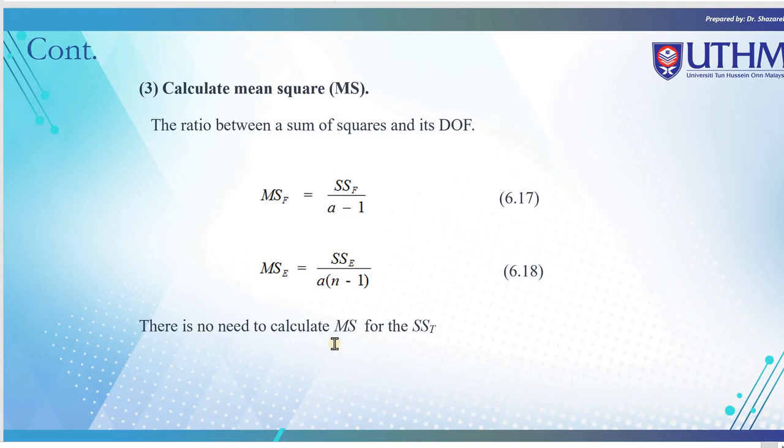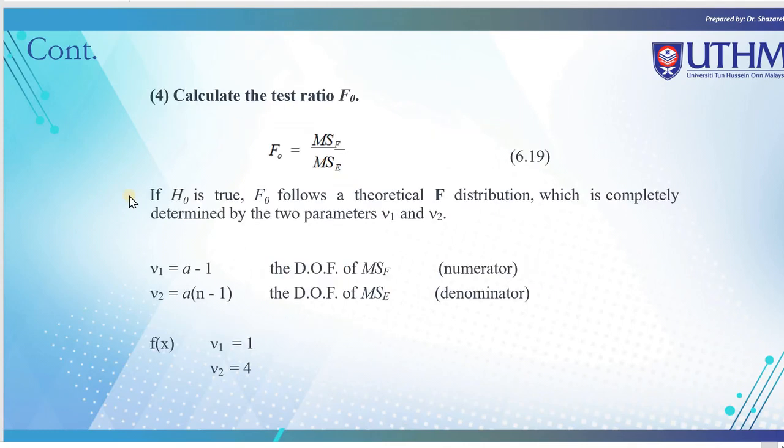But for the total, we don't have to compute the MS. Mean square for total, we don't have to compute, because in order to find the F ratio, we only need the mean square of the factor and the mean square of error. So you have to compute only these two. And for the degrees of freedom, we also only refer to the degrees of freedom of the factor and error, because we are going to use the F distribution.